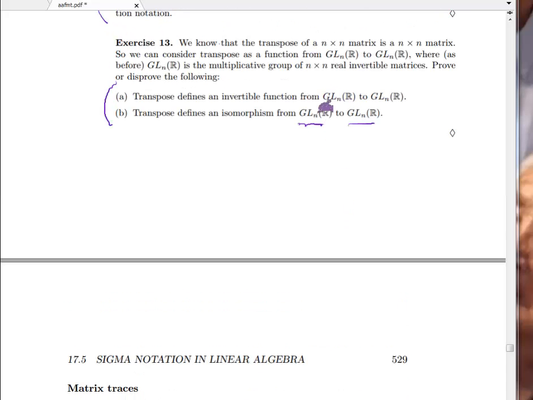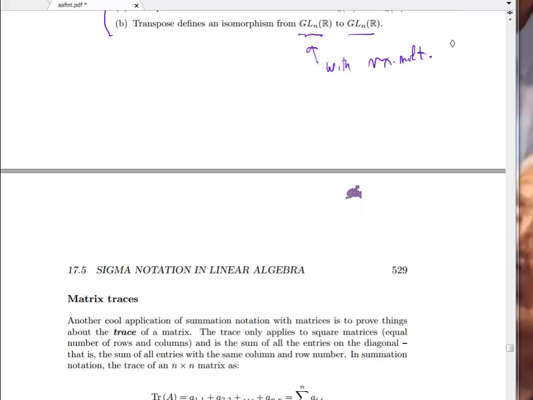And here, when you say this GL to GL, this means with matrix multiplication.